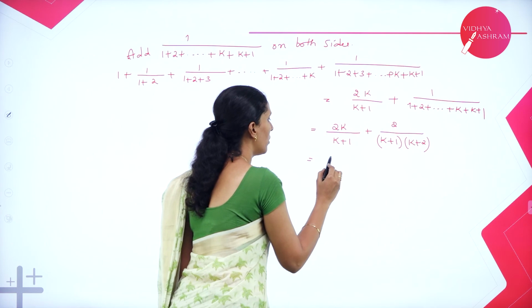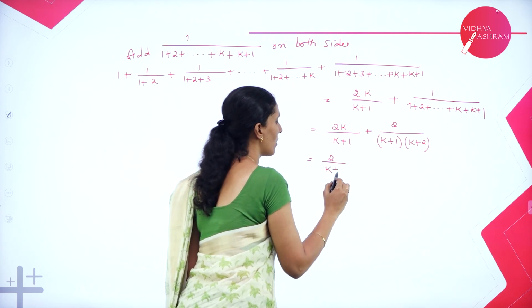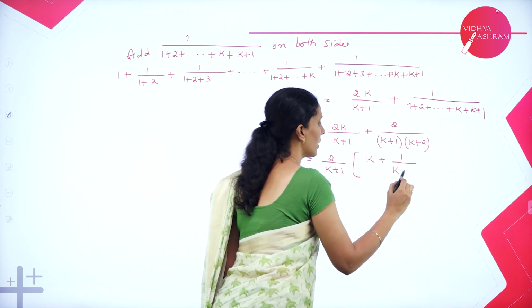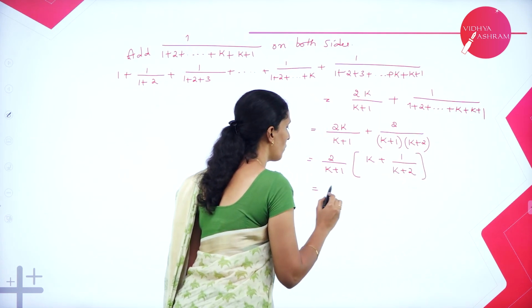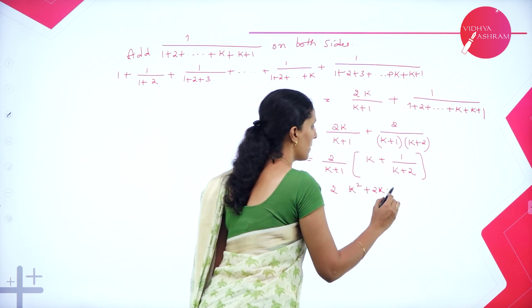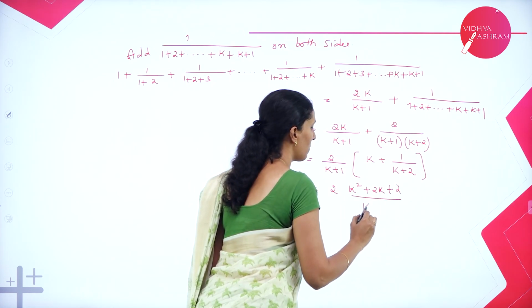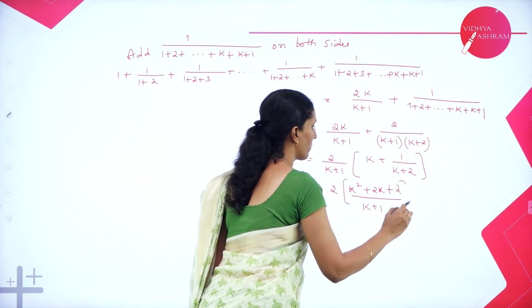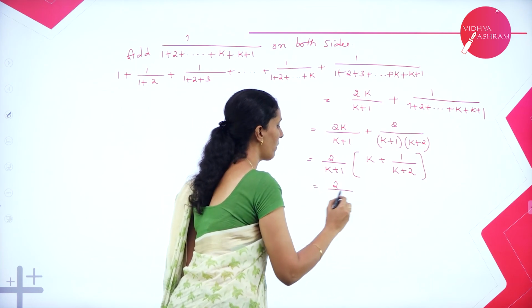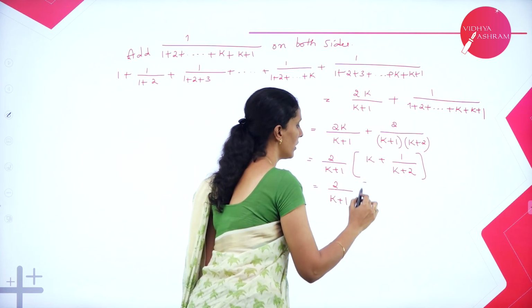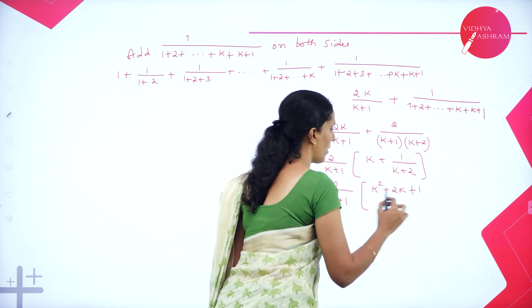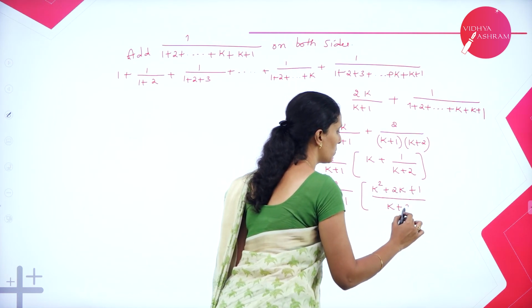I can take 2 divided by (k+1) as a common factor. Then it is k plus 1 divided by (k+2), which becomes (k squared + 2k + 1) divided by (k+2).